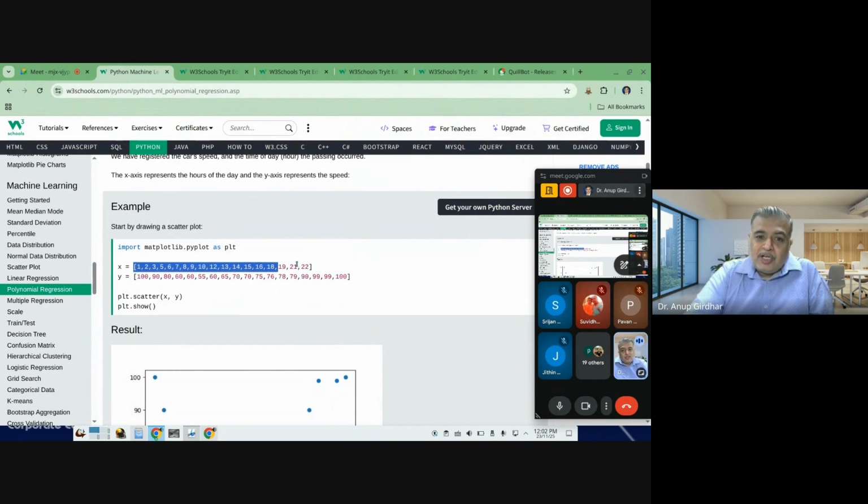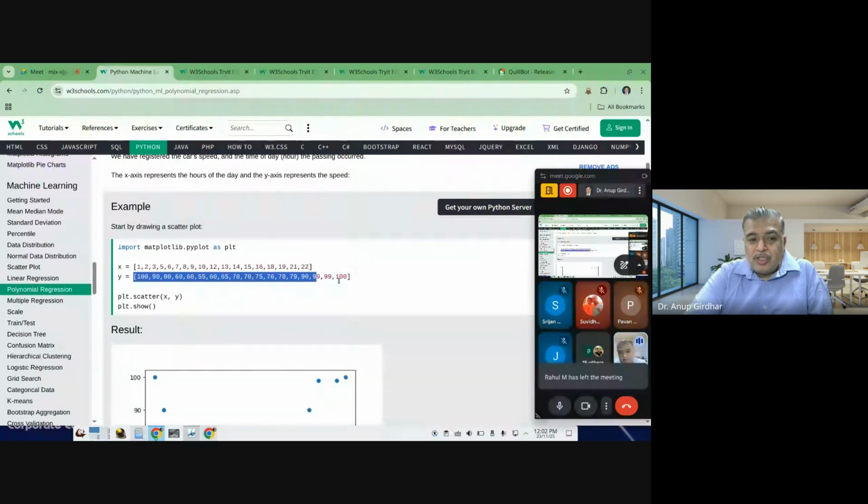Time is constant, so in the x we keep the independent variable, that is the hours of the day, and the speed, which varies and is the dependent variable, we place in the y.